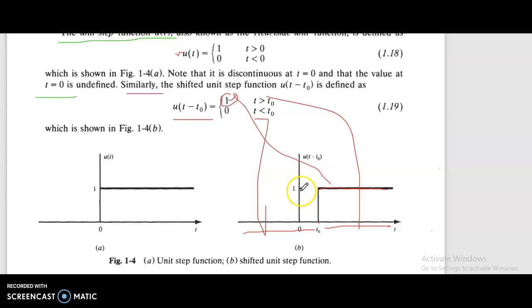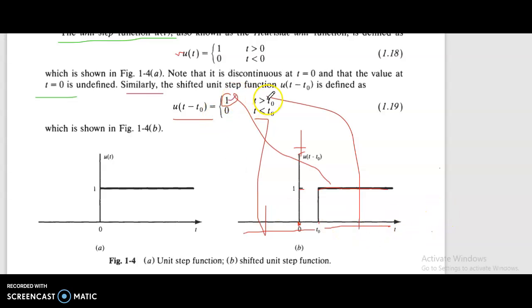Here this is the scale, 0 here, t equal to 0, and here 1, here 2. On this scale, u of t minus t naught is also 0 here, then 1, 2 approximately, and so on.